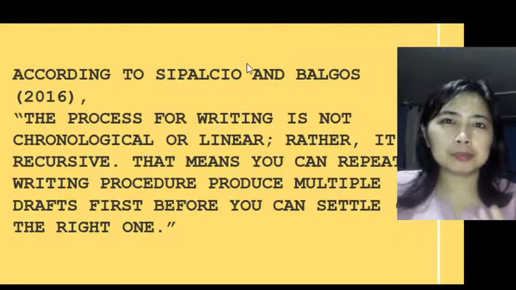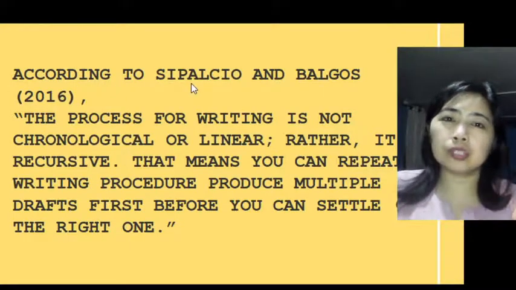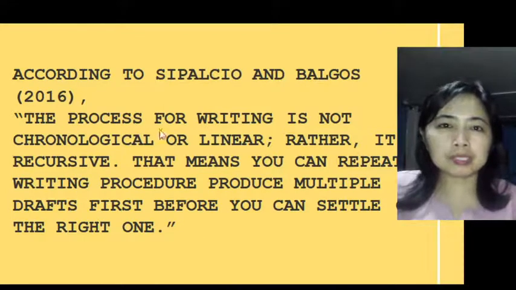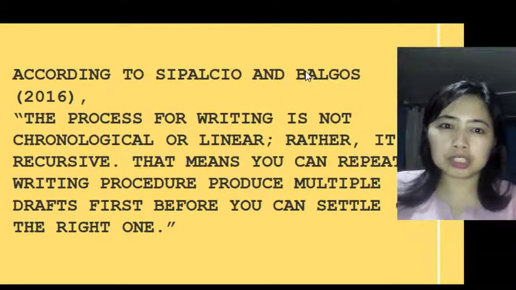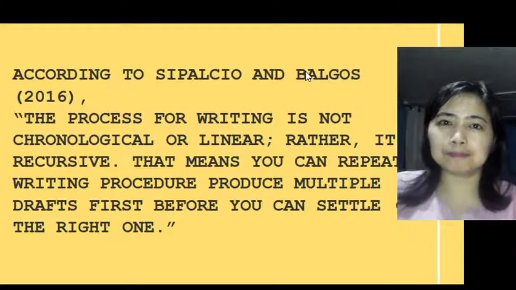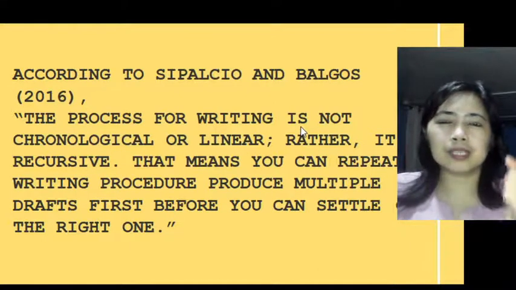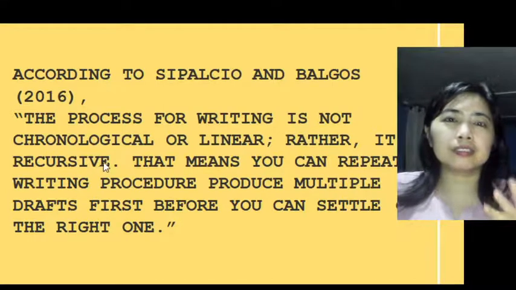For speech writing, we have here an author. According to Sipal, Shaw, and Balgos, 2016, the process for writing is not chronological or linear, not a cycle. Rather, it is recursive.